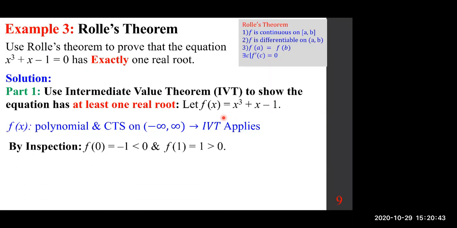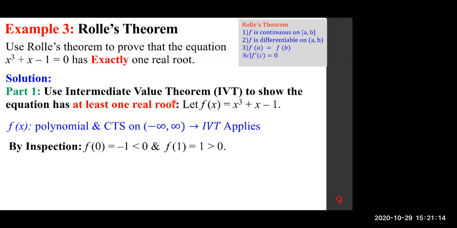So if you plug in 0, it results in a negative value, and if you plug in basically any number, like 1 or larger, it gives you positive. Again, by IVT, there is at least one root in between. I hope everybody can see what's going on.